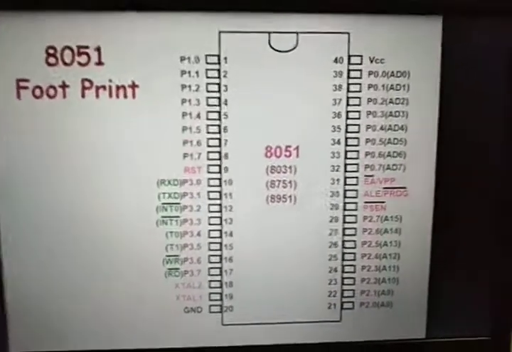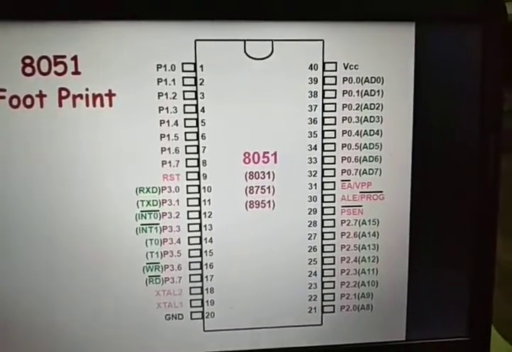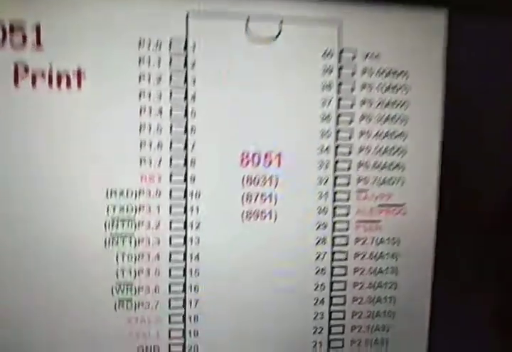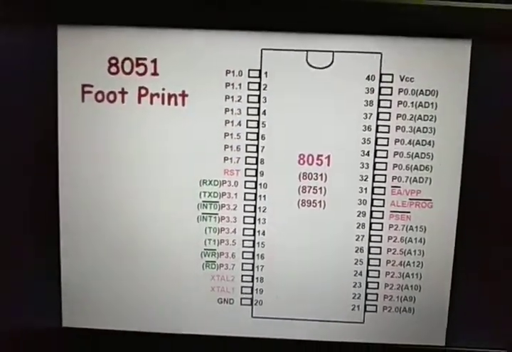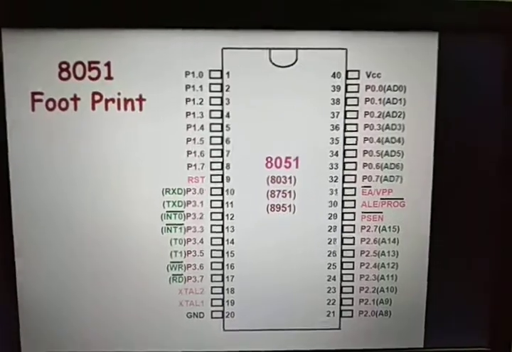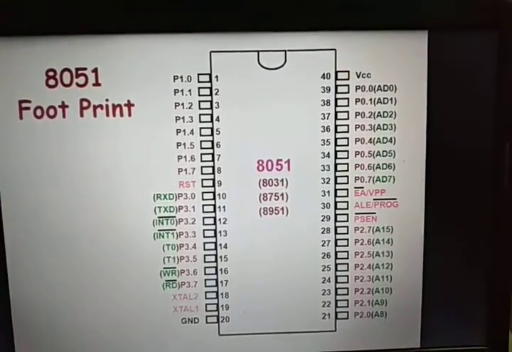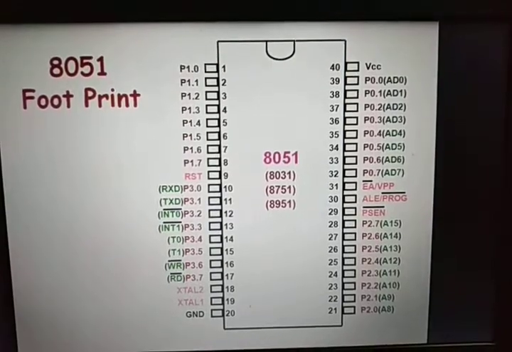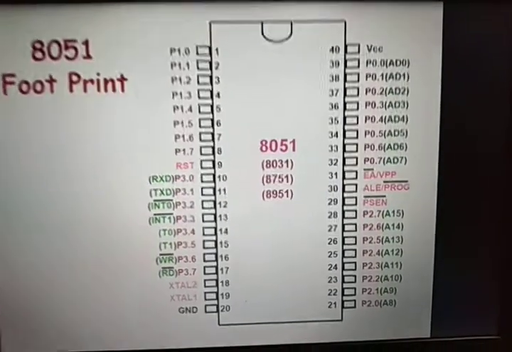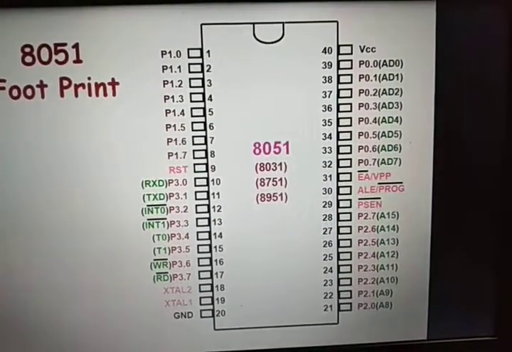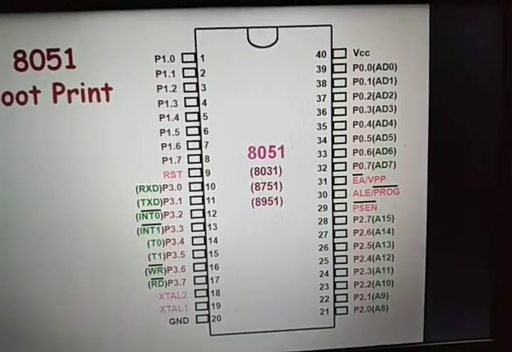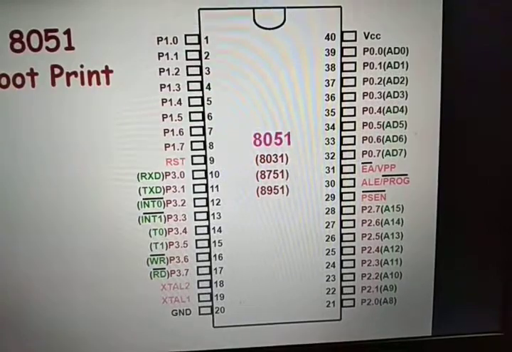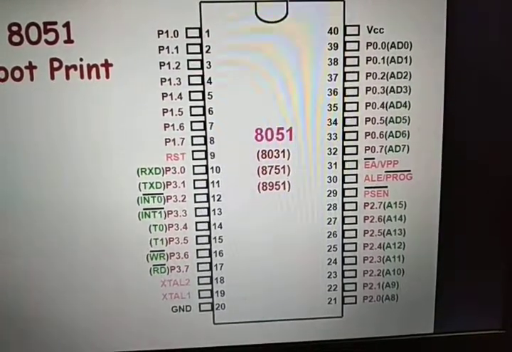Now from the block diagram we can observe that there are 40 signals, and the pin diagram of 8051 is a 40 pin diagram. For the 4 ports we have 4 into 8, 32 pins: P0.0 to P0.7, P1.0 to P1.7, P2.0 to P2.7 and P3.0 to P3.7.